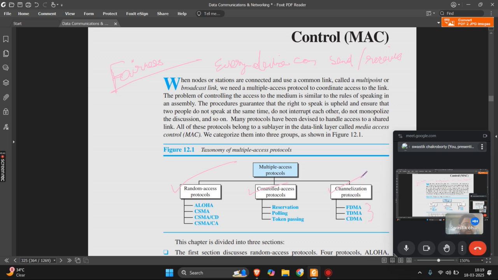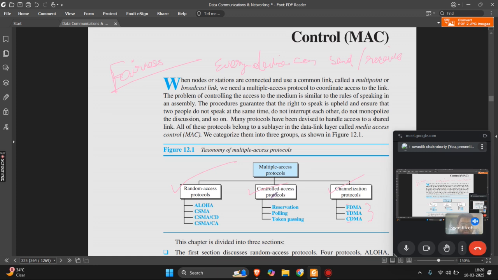Here we basically create channels and divide the resource, namely frequency or time or code, into multiple chunks or channels, and then send the data using these dedicated channels. Each user occupies a particular frequency slot or a particular time slot or a particular code. So this is a channelization protocol.